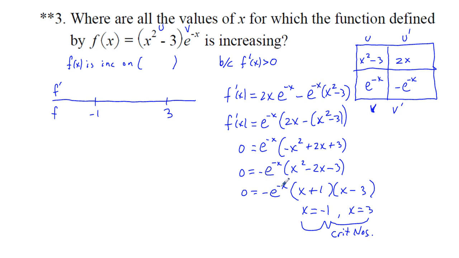Because we have negative e to the negative x, and e to the negative x is always positive. So we have a negative times a negative times a negative, and negative times a negative times a negative is negative. So we are decreasing from negative infinity to x equals negative 1.